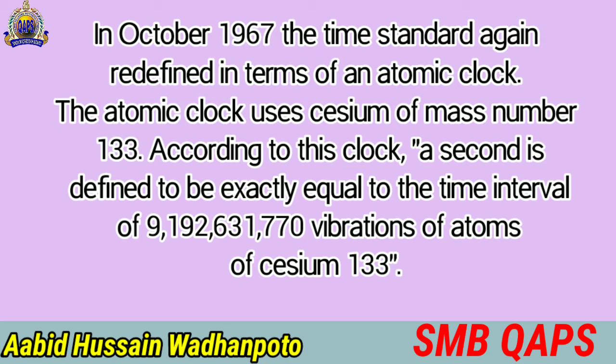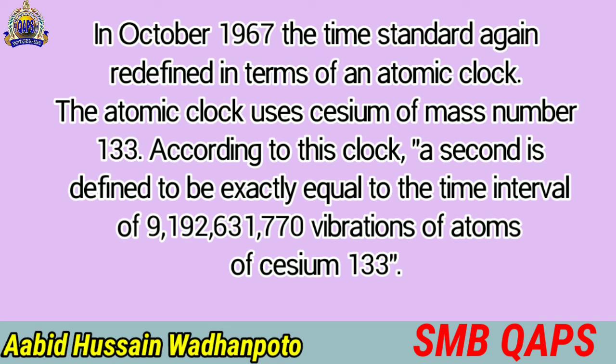According to this clock, a second is defined as exactly equal to the time interval of 919263177 vibrations of the cesium atom, and keep in mind that this cesium atom has the mass number 133.